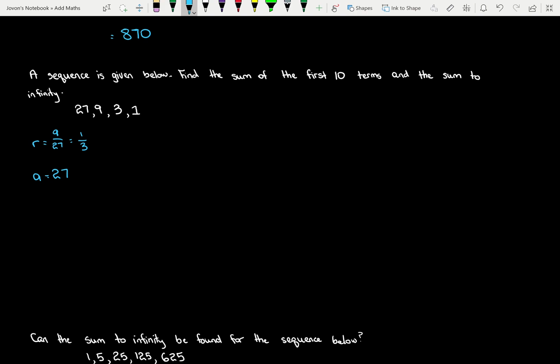And what this question asks us to find was the sum of the first 10 terms and the sum to infinity.